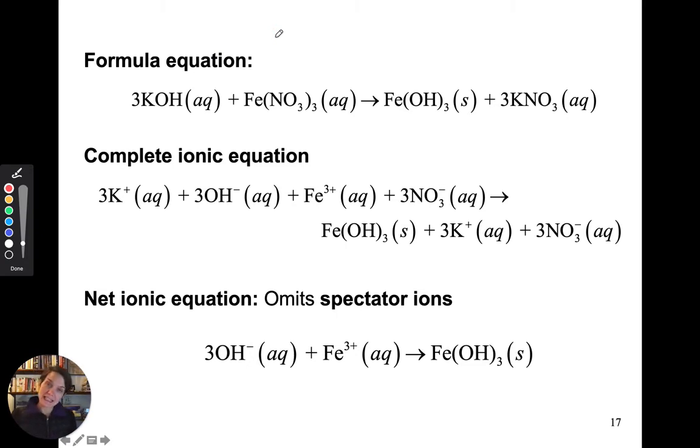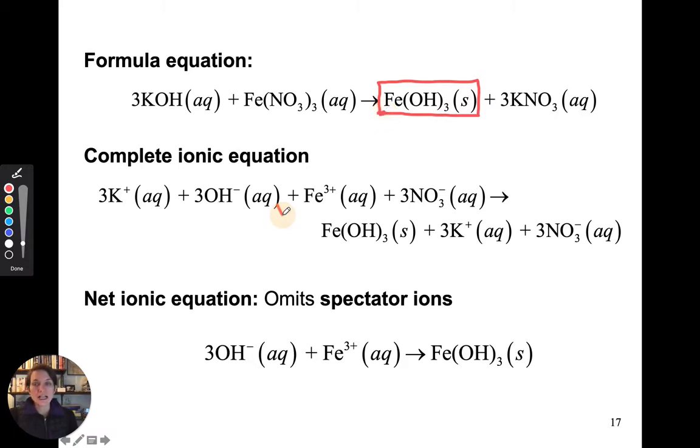Notice that in this chapter, it is very important to keep your state symbols, so make sure you're always paying attention to them. Because whoever wrote this formula equation included state symbols, we know that a chemical reaction has taken place because our iron 3 hydroxide crashed out of solution.